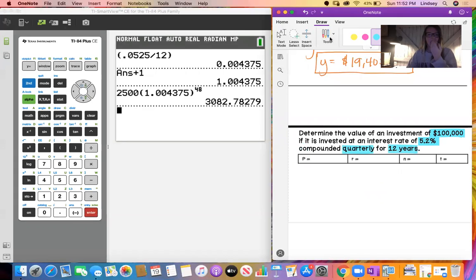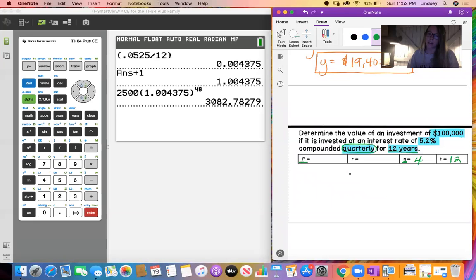Okay, so there's that little word again. This time we have quarterly. Okay, well, quarterly, what does that mean? That means it's 4 times a year. So that number of times the interest is compounded, that n value will be 4 because it's quarterly. All right, and it's over 12 years, so then you would multiply that by 12.